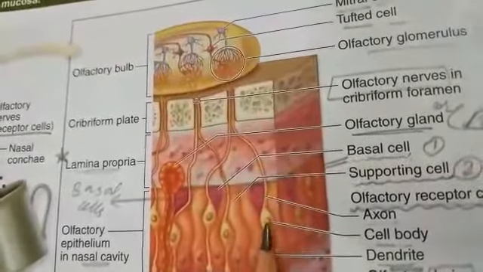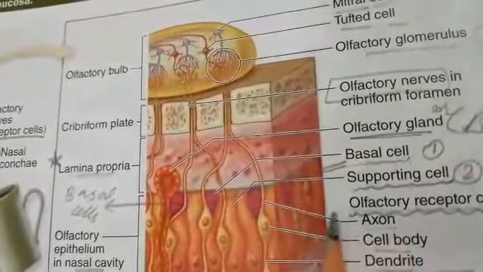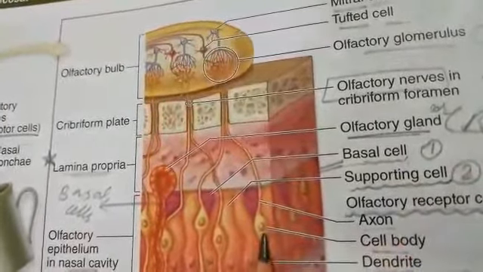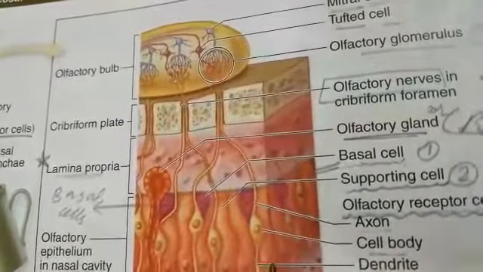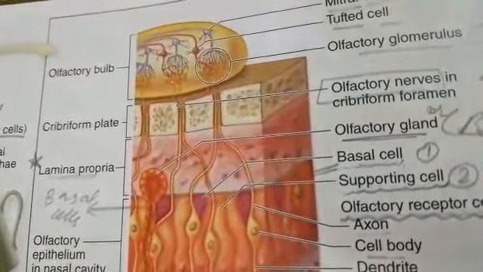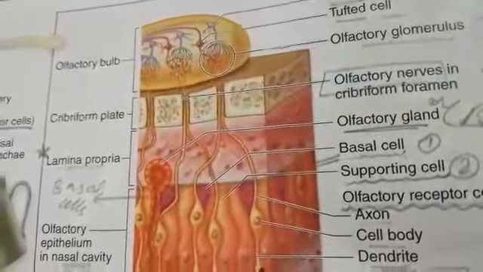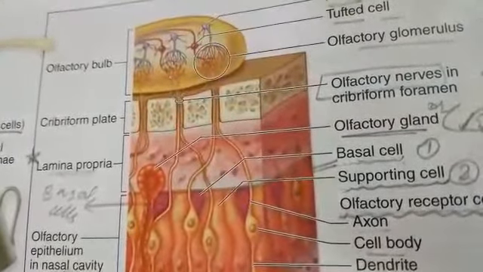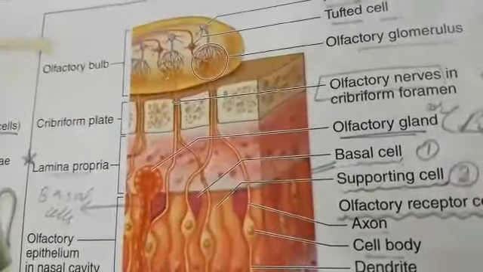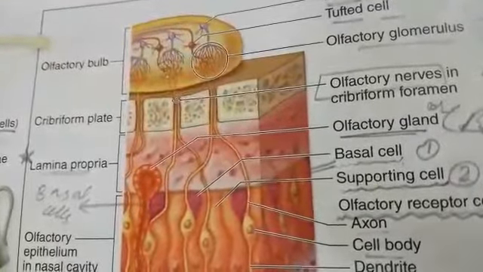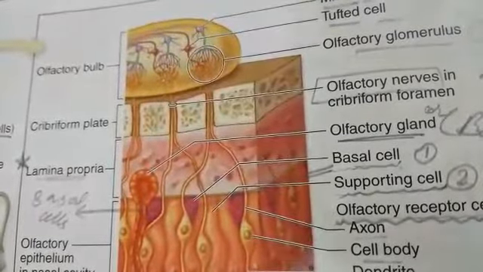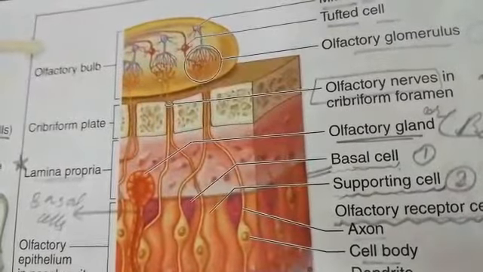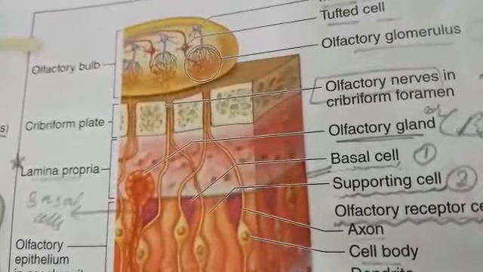The main cells are the olfactory receptor cells. You see them as sensory bipolar neurons. They have dendrites and a dilated olfactory bulb-like area, and they work as chemoreceptors for the odoriferous molecules of the sense of smell.